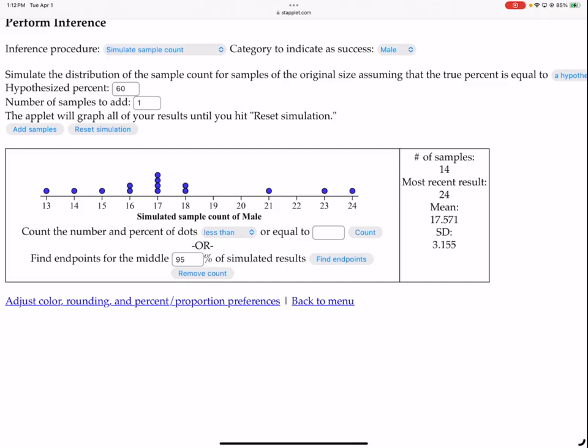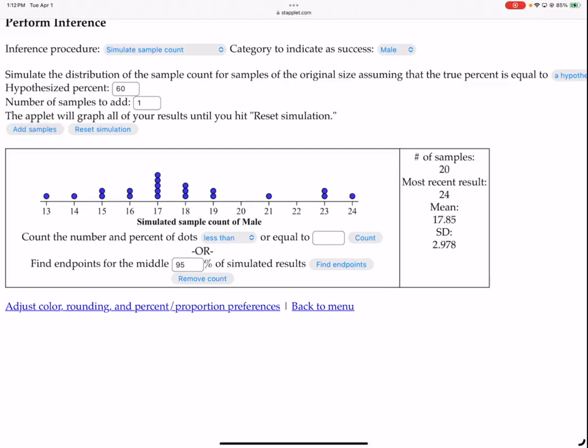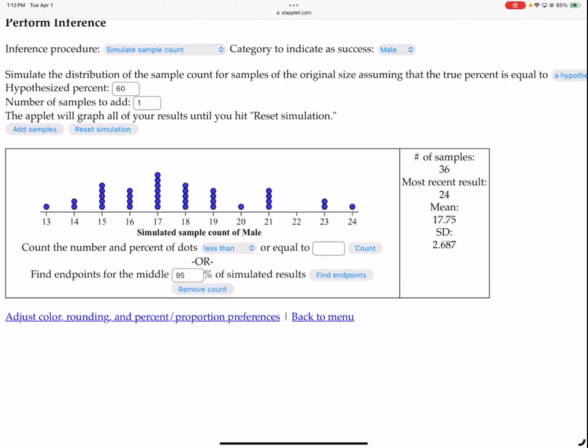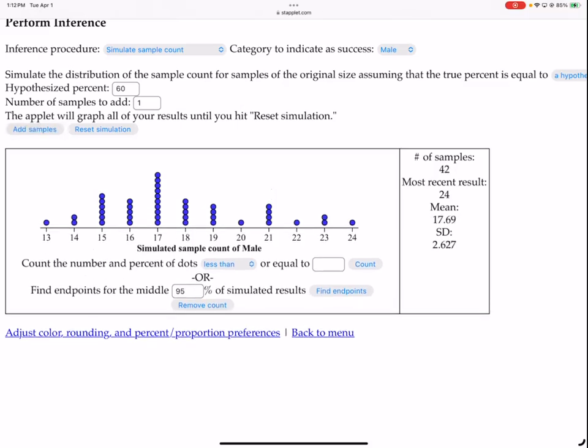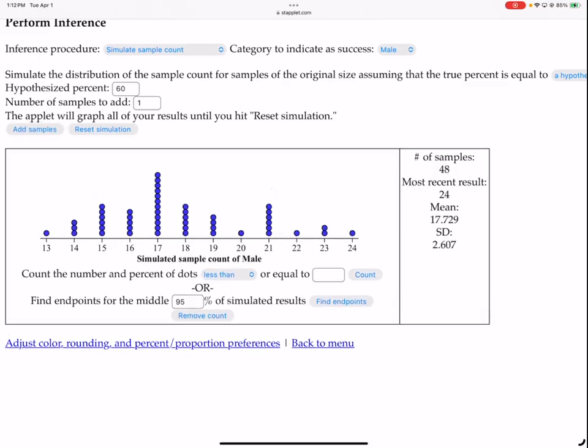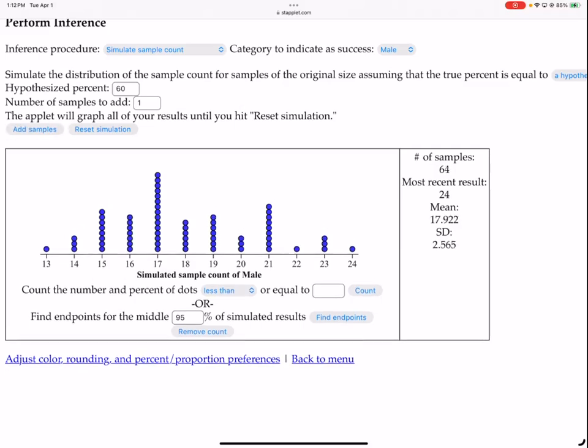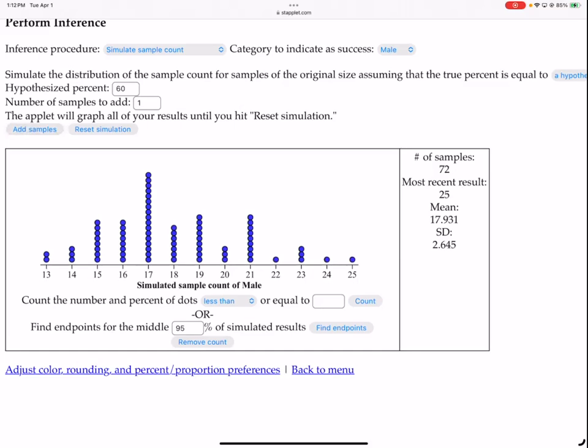So every single time, this is somebody selecting a sample of 30. If you keep adding samples, at some point you will notice something happens. What is happening to the dot plot? These are all random samples.